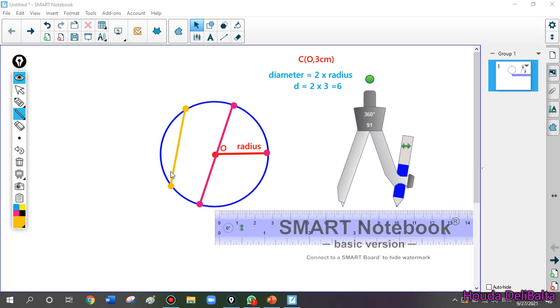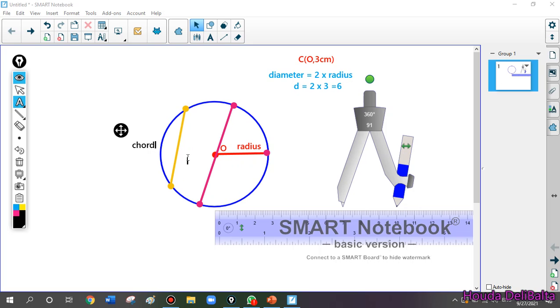It's just joining 2 points on the circumference of the circle. That's what we call the chord. So a segment that joins 2 points on the circumference of the circle is called the chord.